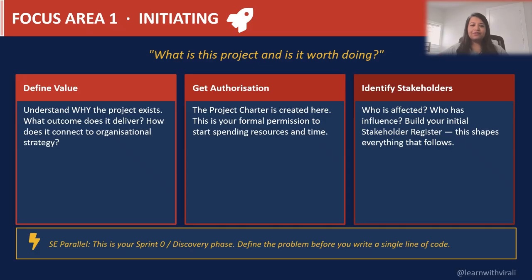So the first focus area that we are discussing is initiating. Remember, what is the project and is it even worth doing is the main question that we are addressing in this focus area. So 3 things happen here.